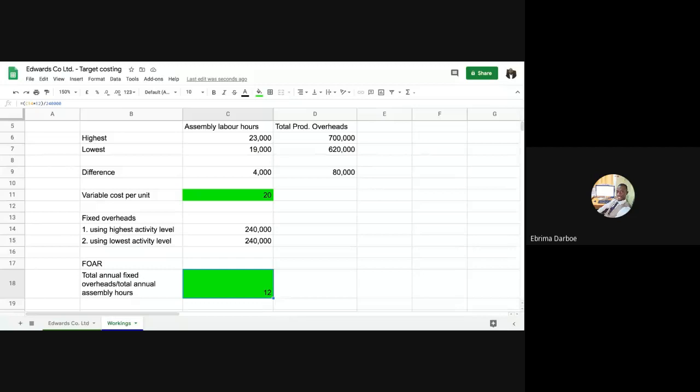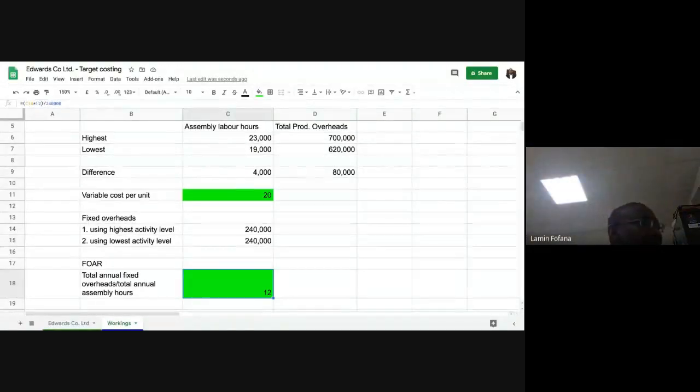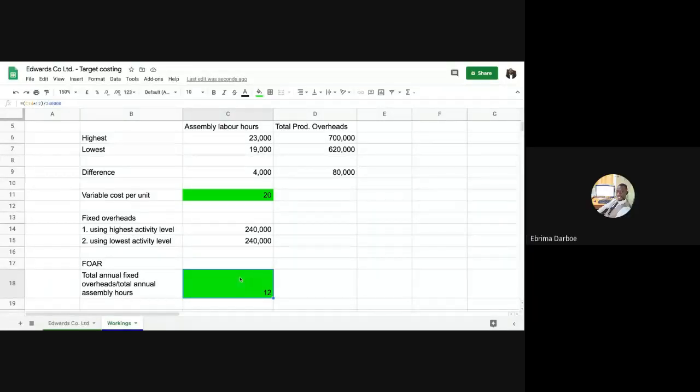No. In this question, we've been told that it's annually. Look at the last paragraph. It says fixed production overheads are absorbed on an assembly hour basis based on normal annual activity levels. Annual activity levels, so you don't use monthly. You use annual. Is that clear, Ibrahim? Thank you very much. It's very clear.